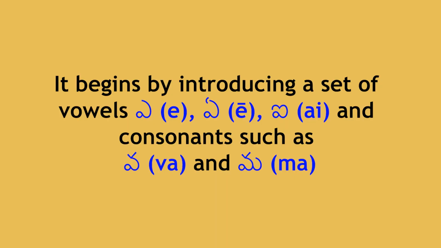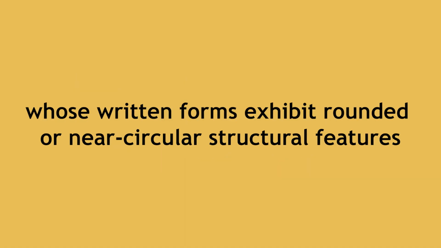This lesson adopts a shape-based pedagogical approach to the learning of Telugu script, emphasizing the visual and articulatory relationships among letters. It begins by introducing a set of vowels A, I, and consonants such as Va and Ma, whose written forms exhibit rounded or near circular structural features.